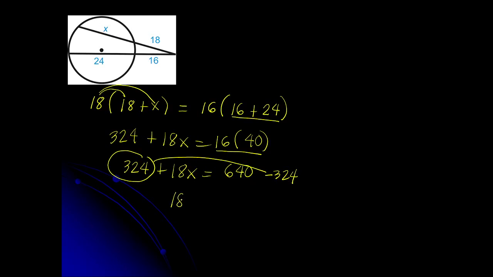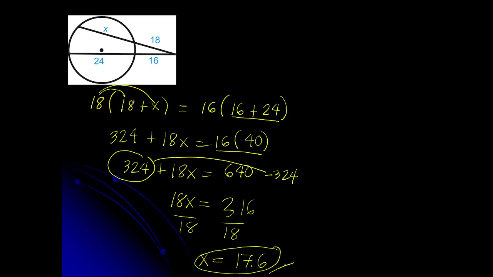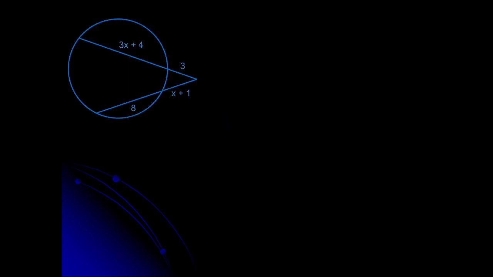So, 18x is equal to 640 minus 324. How much is that? 316. Dividing both sides by 18, what is the value of x? 17.6. Okay? Let's have another one.